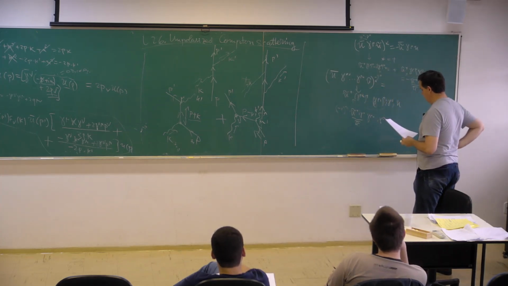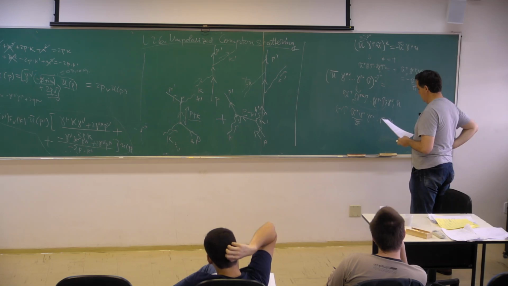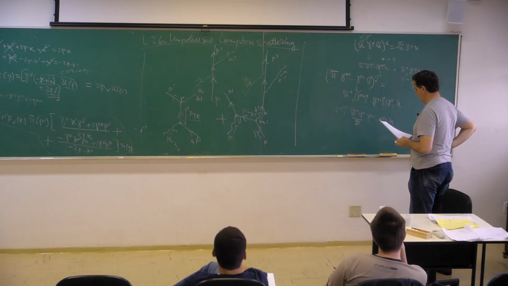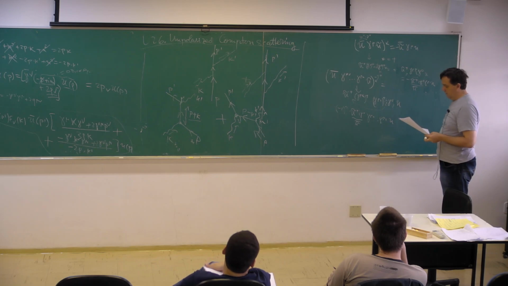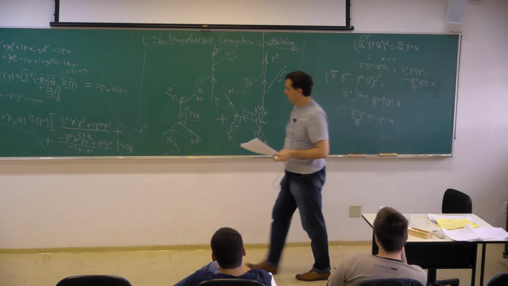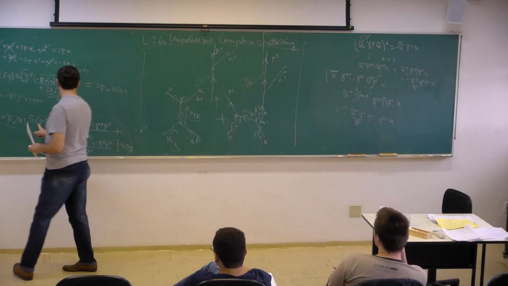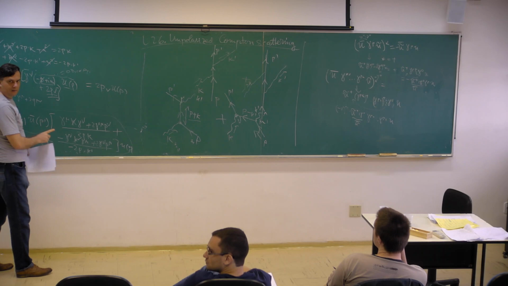Well, because in the calculation there are always pairs, so it won't change. But here, no, they're not always pairs, right? That's the point. I have u bar and u, just that. Yeah, in this case, it doesn't have pairs.